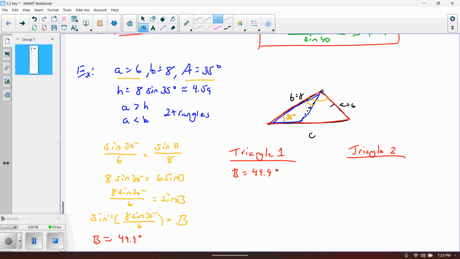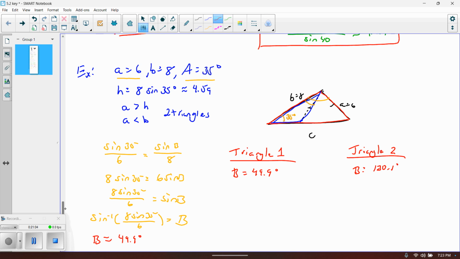Then if you want to find the other triangle, which is going to be the obtuse angle, b would be take 180 and subtract 49.9, you're going to get 130.1 degrees. So that's the obtuse one. That's the bigger one.